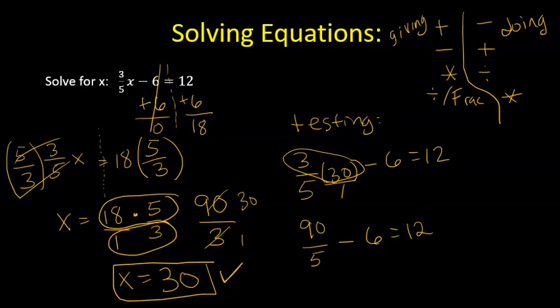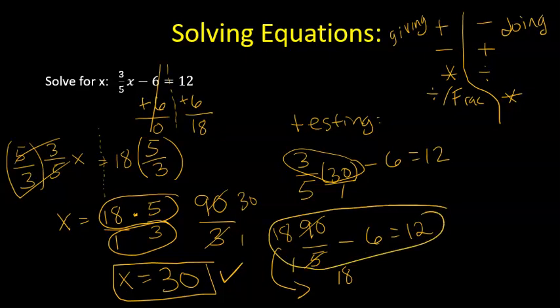And, you know, it gets elaborate because now I have to... oh, I guess it doesn't. We don't have to find the greatest common denominator because 5 goes into 90 18 times. So this whole thing becomes 18 minus 6 equals 12.